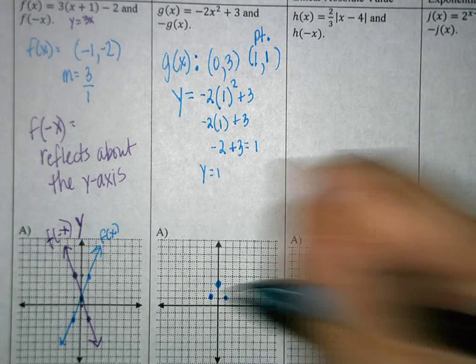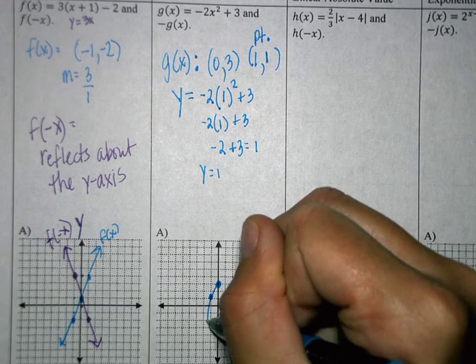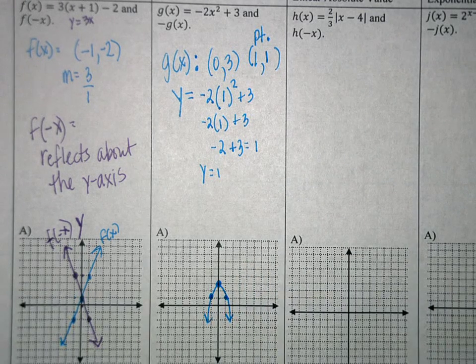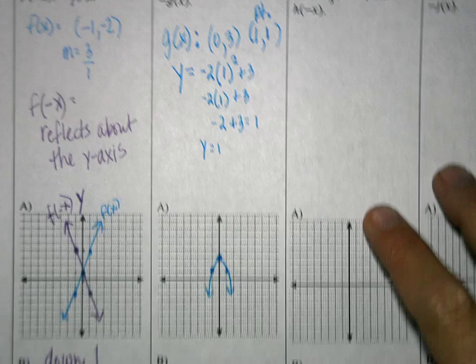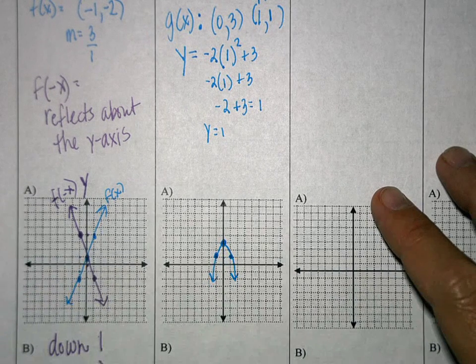And so could I plug in negative 1 and get the value of 1? I could. But since I know it's symmetrical, I don't have to take the time to do that work. And then we have our 3 points, and we can draw our parabola. And again, we know parabolas have curved figures. Okay, any questions right now on here?